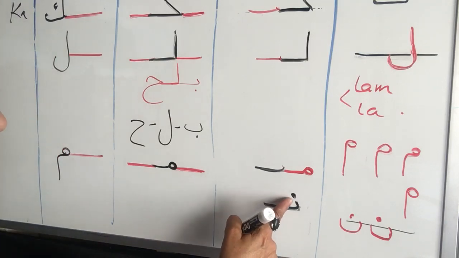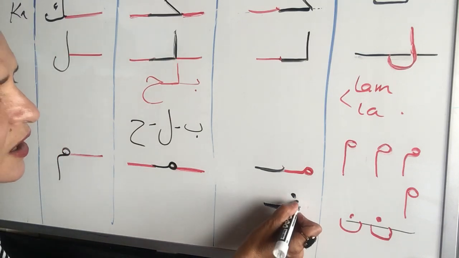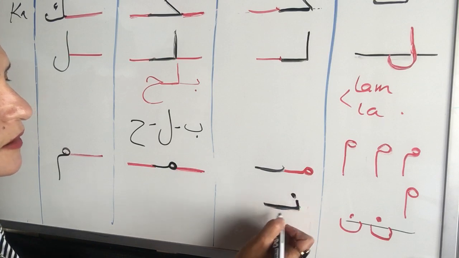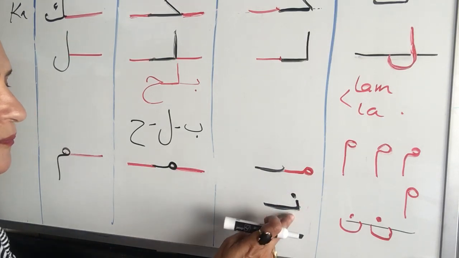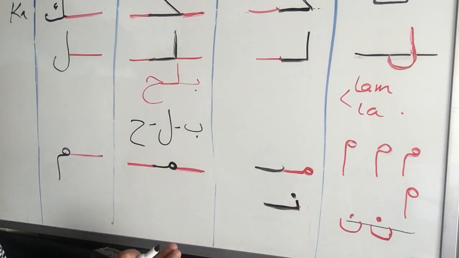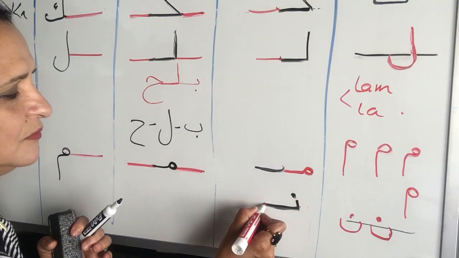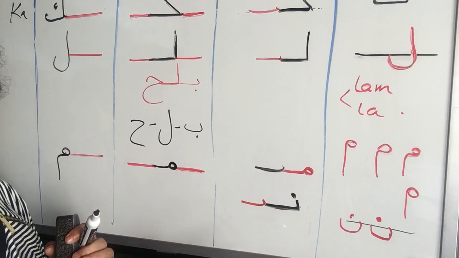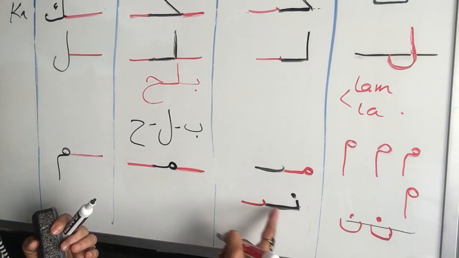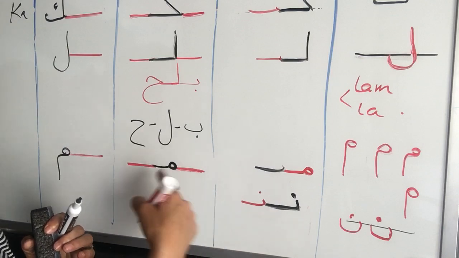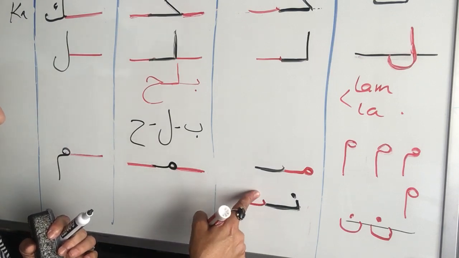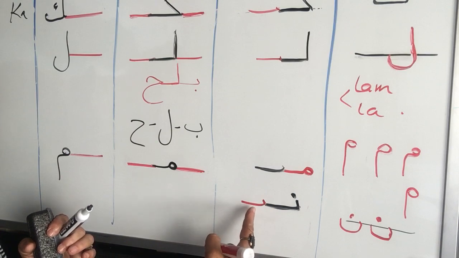The nuqta tells you which harf this is. If it's above, it's na. If it's below, it's ba. So this is na, and then I will have another harf, like Nancy. I can have another n here, nen, and sa and so on. This is just to imagine there is another harf here.